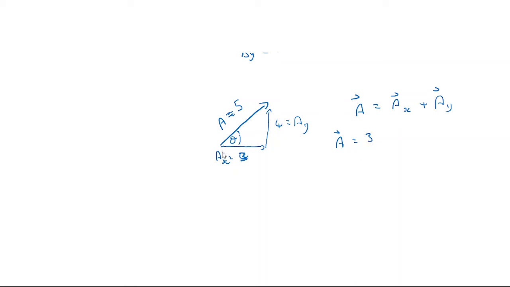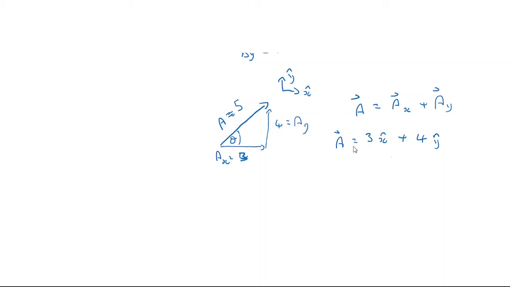What is the direction of Ax? It is going in the positive direction, because I'm always choosing my x direction positive to the right and my y positive going up. So it's going to be 3 x like this. Then the y is going up, so it's going to be plus here, and the magnitude of Ay is 4, with the direction of Ay being that.